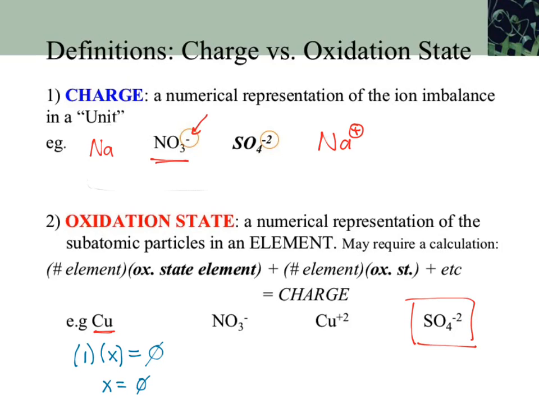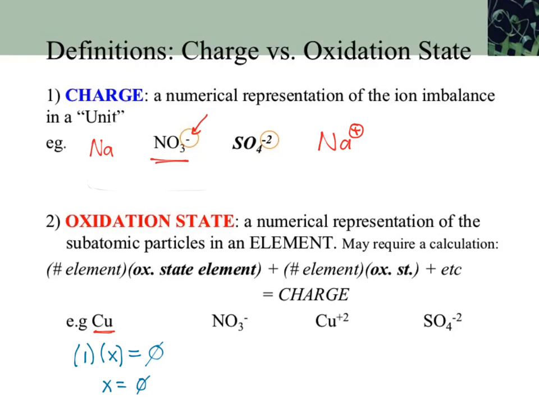What Ray went through and did was solve for the oxidation state for each of the individual elements, right? Which would be a better question. So what is the oxidation state for the oxygen in sulfate? -2. Why was that said so fast without doing any calculations? Rule number 2 in our list of oxidation states was oxygen always has a -2 oxidation state, right?